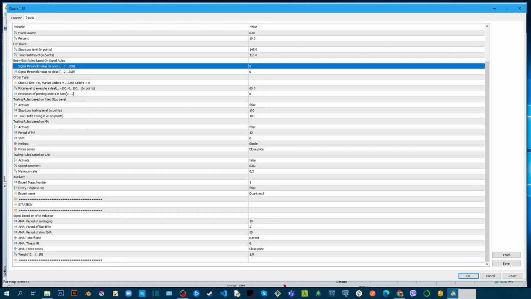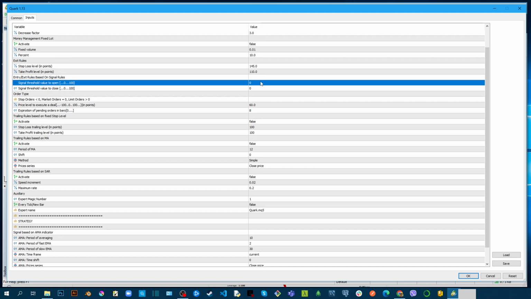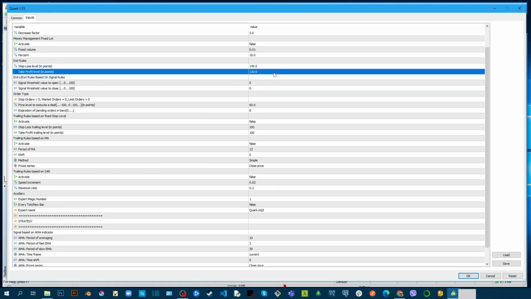For example, you can start with minus 200, step will be, I don't know, 10, and stop will be 200 or 100, whatever you want. Maybe the best range will be between 10 and 100, and the step will be 5 or 10. You can use both options, or you can use only one. For example, you can use this option instead of these two.